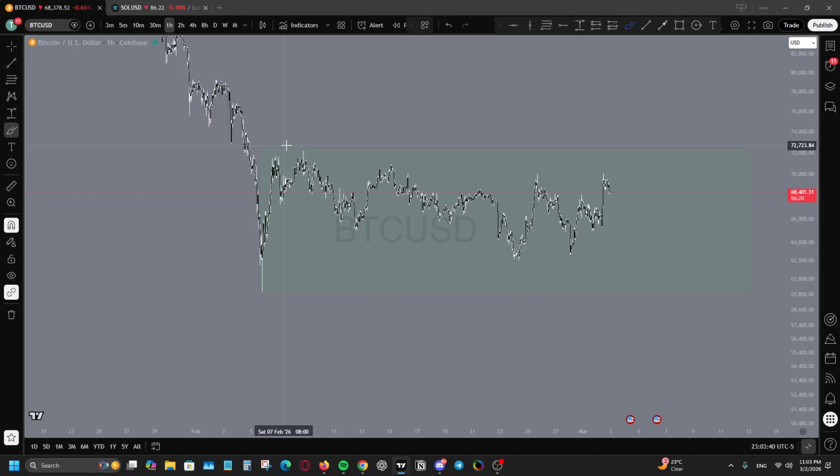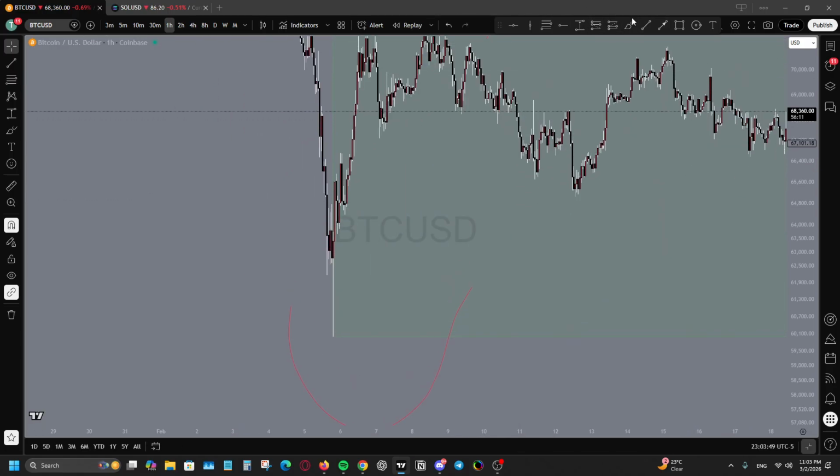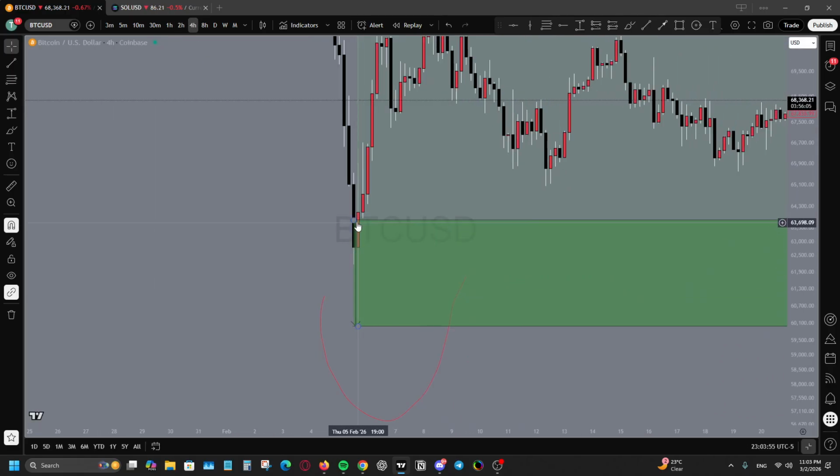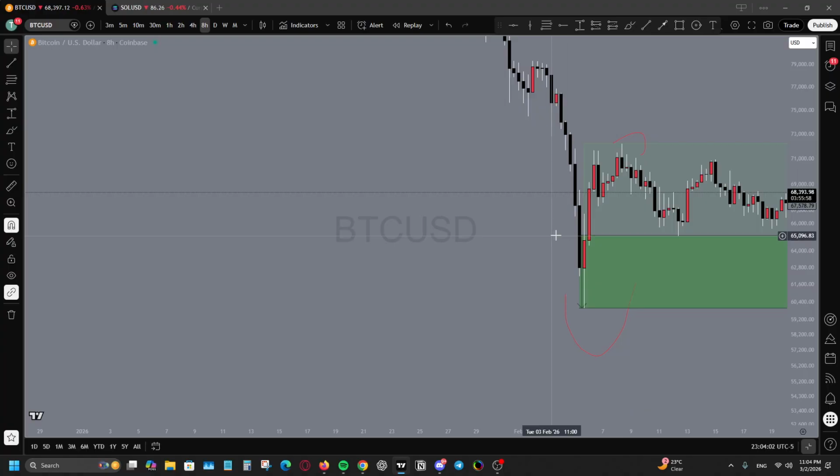Price is trading within this high right here and this low. This is a sideways trend. And look, we have a drop base rally right here. I can even go to a higher time frame. Look, 4 hour drop base rally. Look at that, that's as clean as it gets. Right there, one candle, drop base rally.